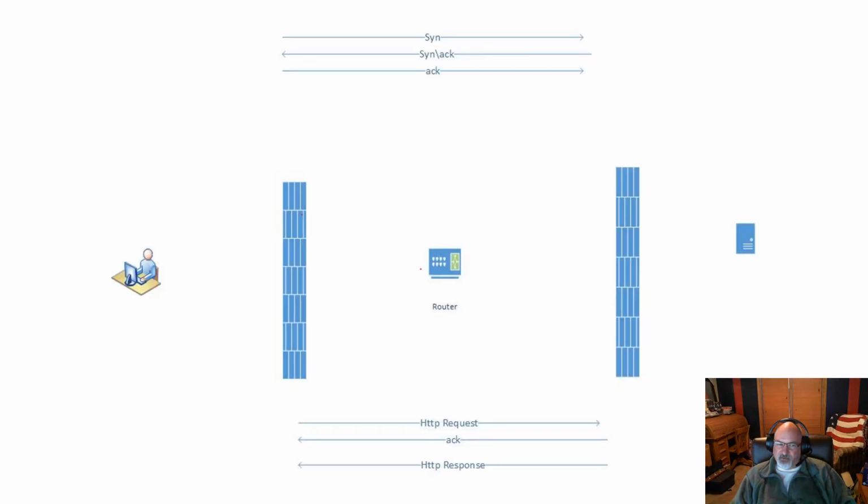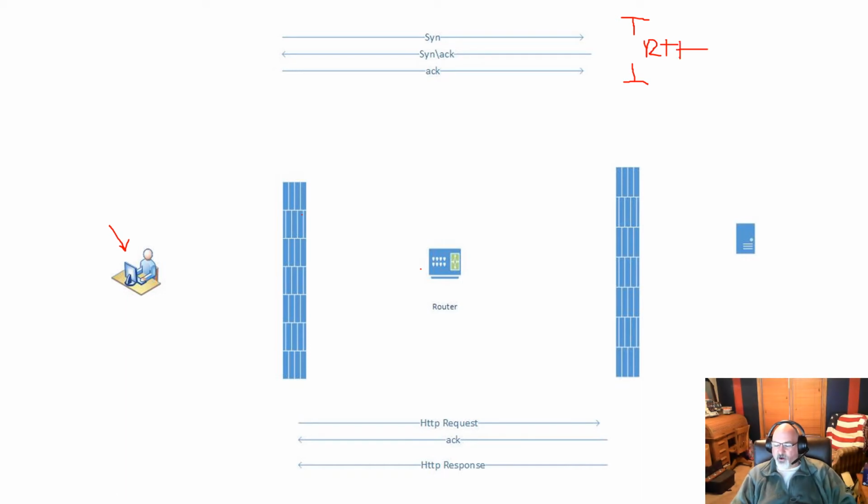Here I've got my client that is going to make a web request to a page through a firewall. They're going to hit some router somewhere as part of this process, go through a firewall, and hit a server on the other side. They do the normal SYN, SYN-ACK, and ACK. So you've got this time right here that is measured, and this is the beginning of measuring your round trip time, or RTT.